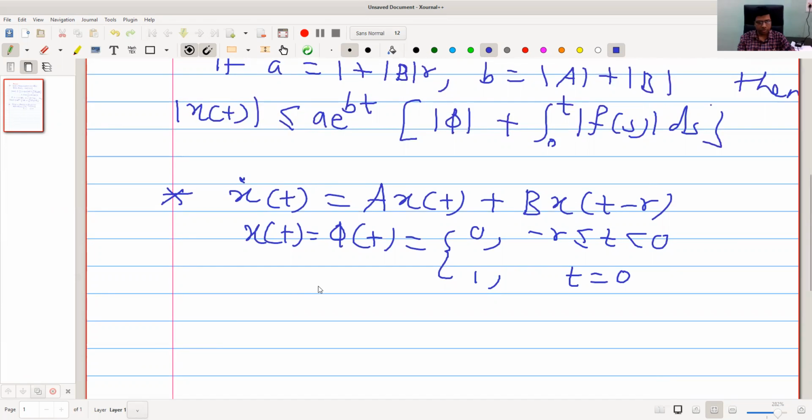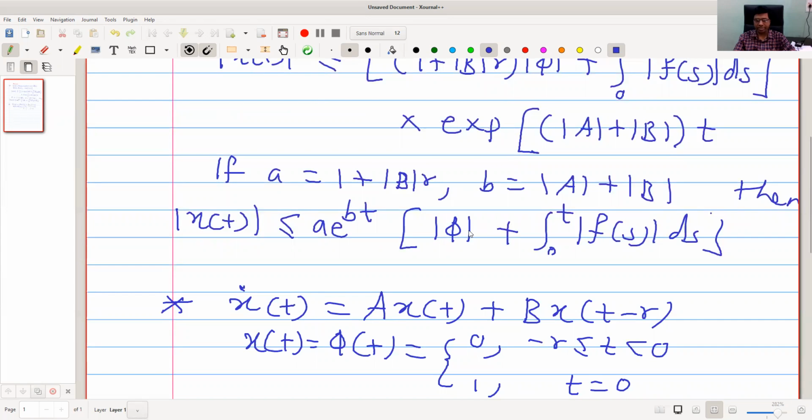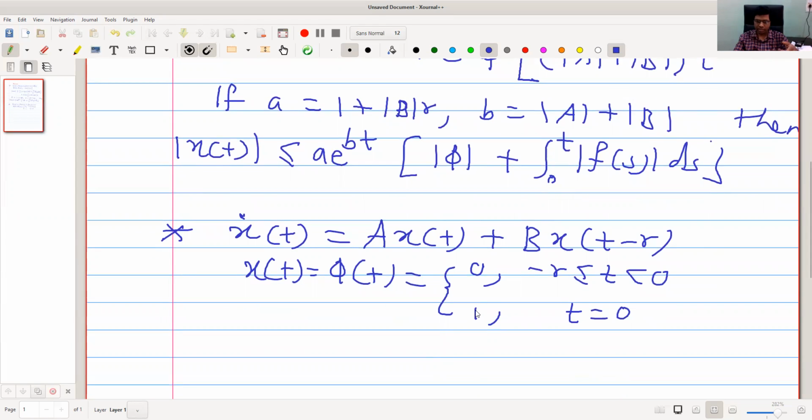Now norm of phi is equal to 1 here. Norm phi means, as we have seen, the supremum of all the values of phi on the interval minus r to 0. So here it is 1.